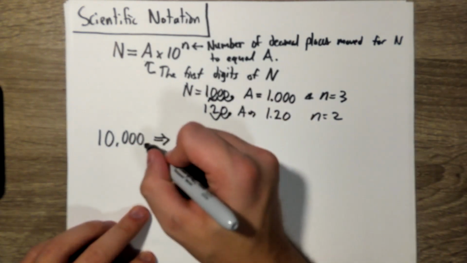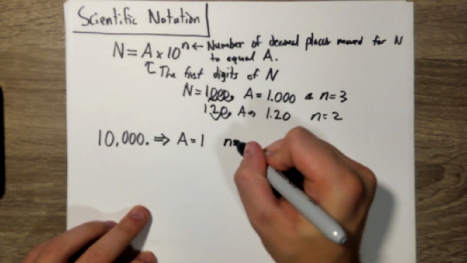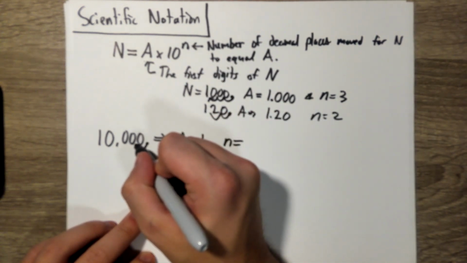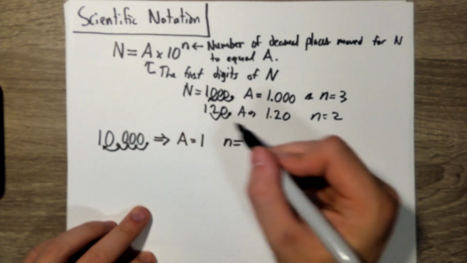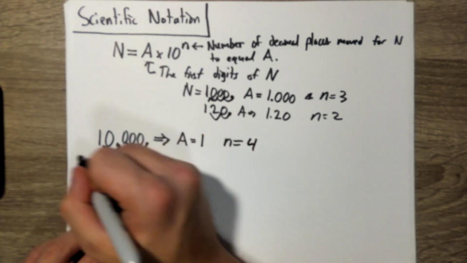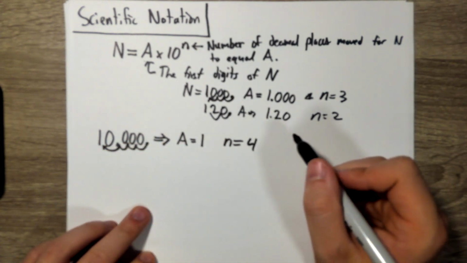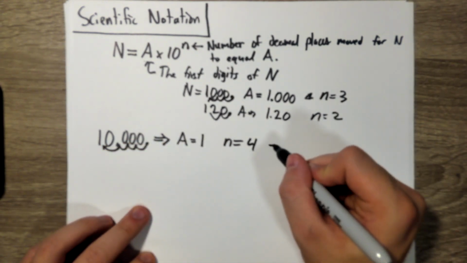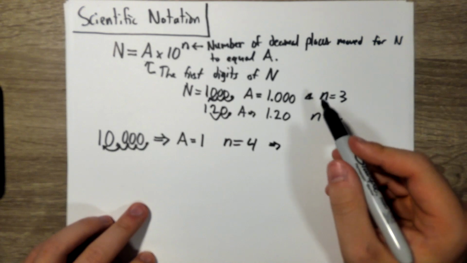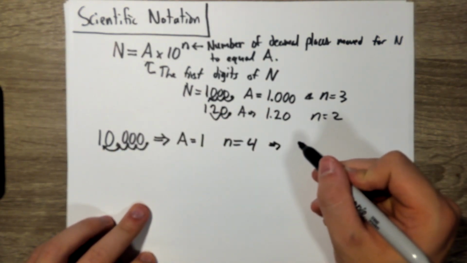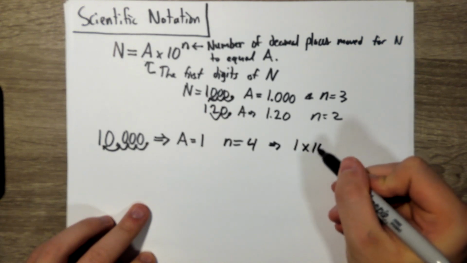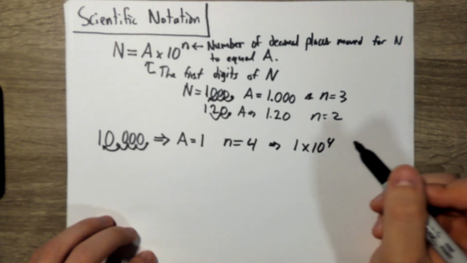And so originally the decimal place is here, so if we want to find n, we move it over to the new spot, which is 4 decimal places, and we're moving to the left, so n is equal to 4. Writing this out in full, N equals 10,000, which is equivalent to 1 times 10 to the 4.